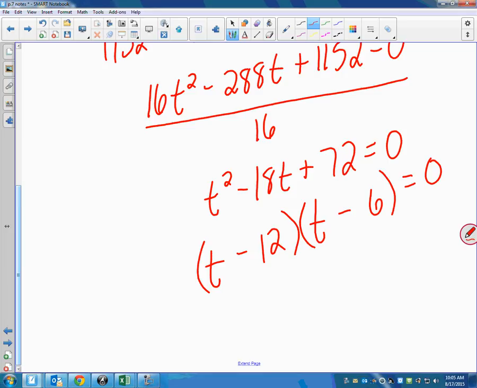You get the same answers if you did the quadratic formula. We're going to do a lot more with this besides this eventually, but I got 2 answers. How could I launch an object and it equal the same height at both 12 seconds and 6 seconds?